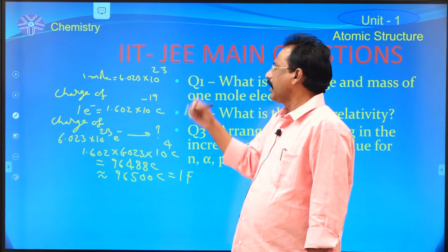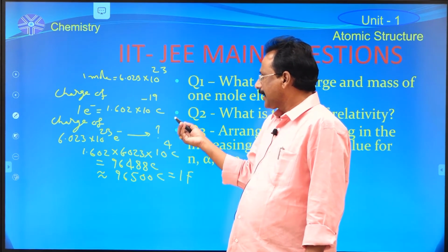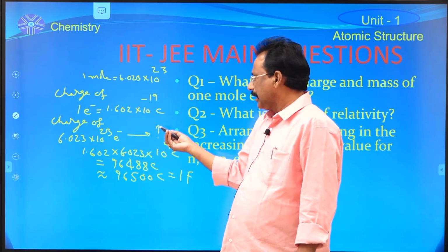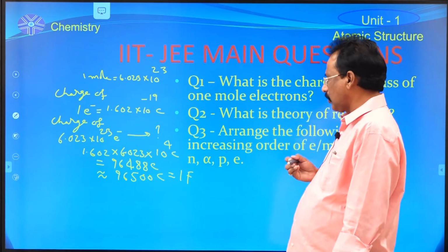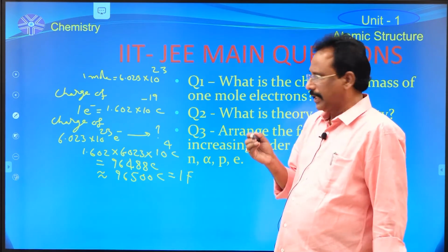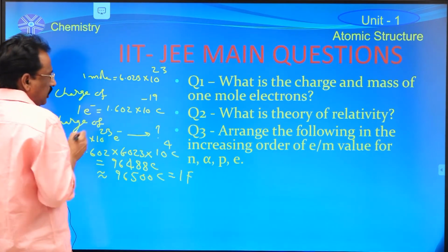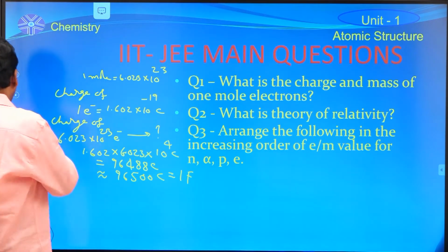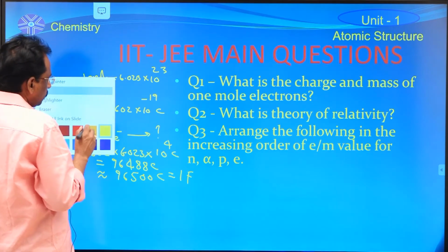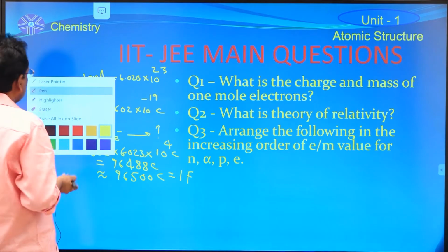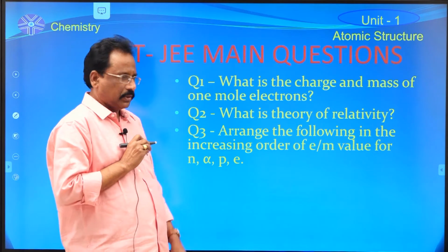Now find out the charge present on 6.023 into 10 power 23 electrons, which is equal to 96,500 coulombs, which is equal to 1 Faraday. Now the answer is, the charge present on 1 mole of electrons is equal to 1 Faraday. That is nothing but 96,500 coulombs. That is the answer for that first question.